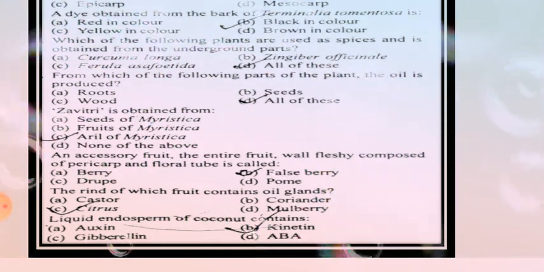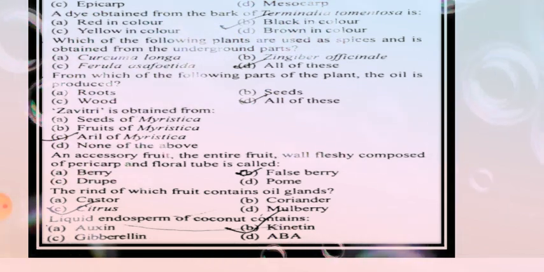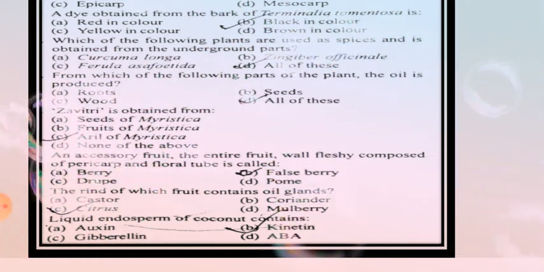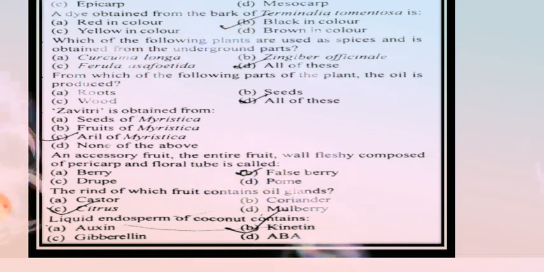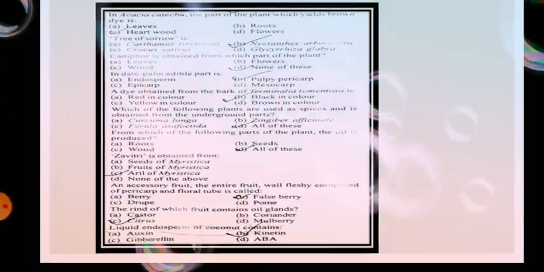The liquid endosperm of the coconut contains which of these: auxin, gibberellin, kinetin, or abscisic acid? So here it is B, kinetin. Kinetin is present in the liquid endosperm of the coconut, and option B is the correct answer.